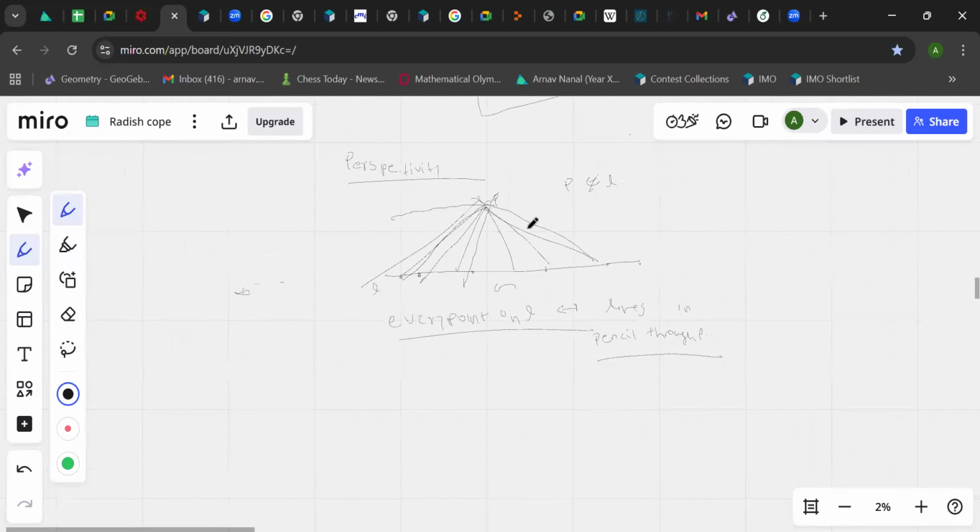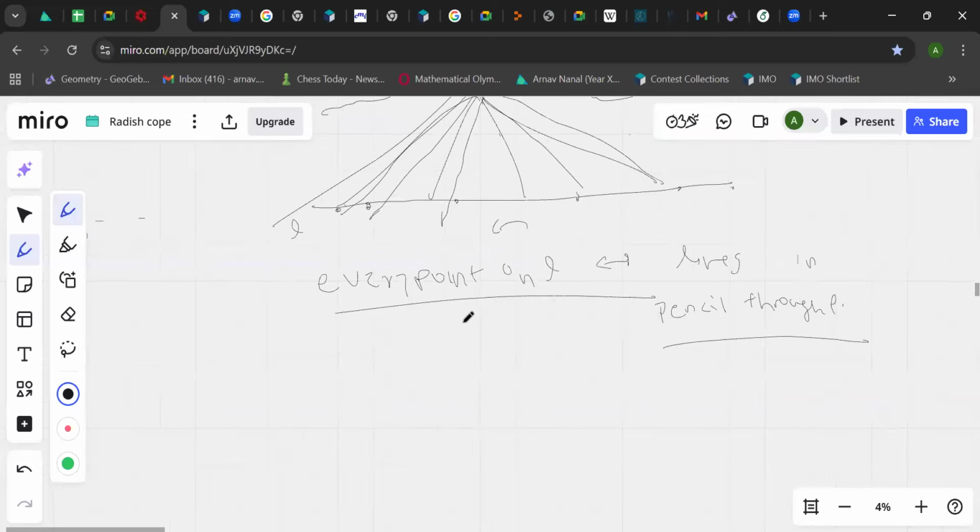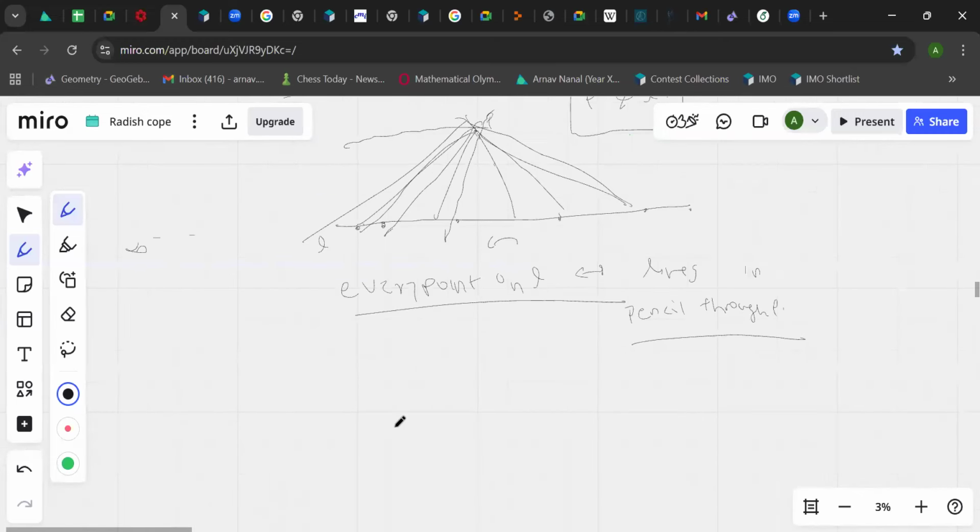Note that P not belonging to L is a really important condition here. When we say taking a perspectivity on a line through a point, we have line L and any point P, and some points under consideration.